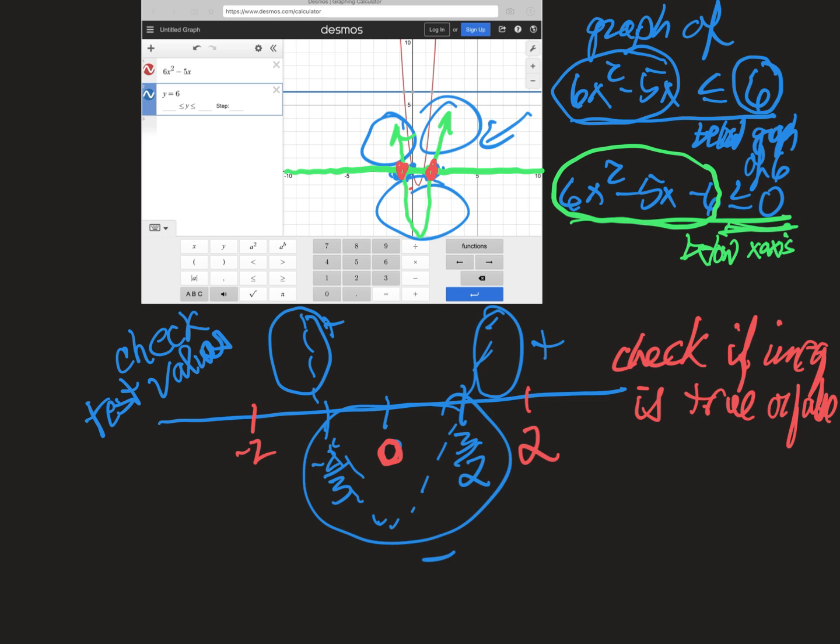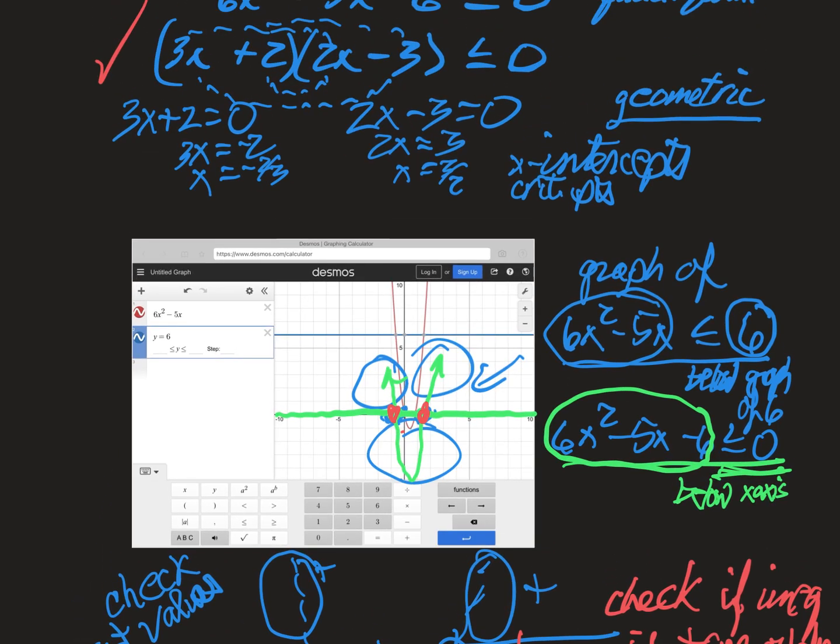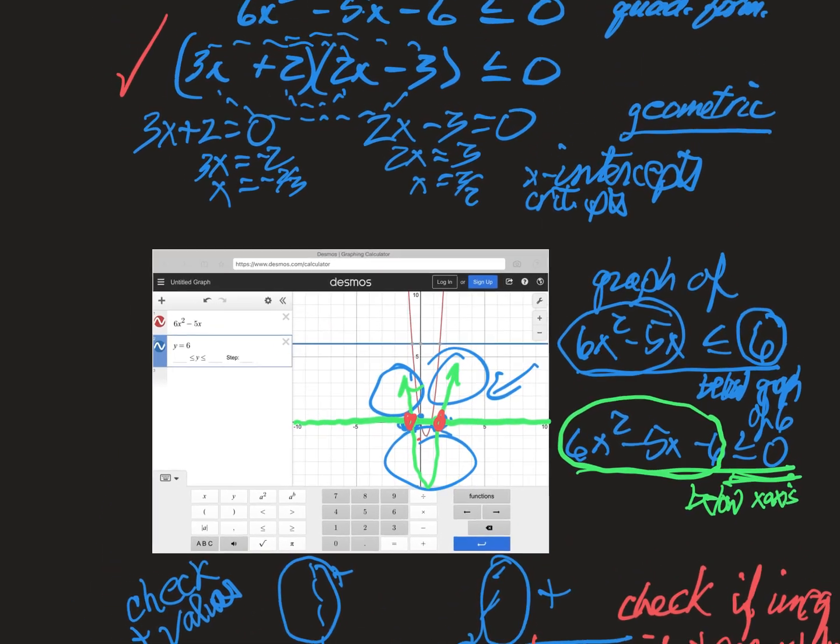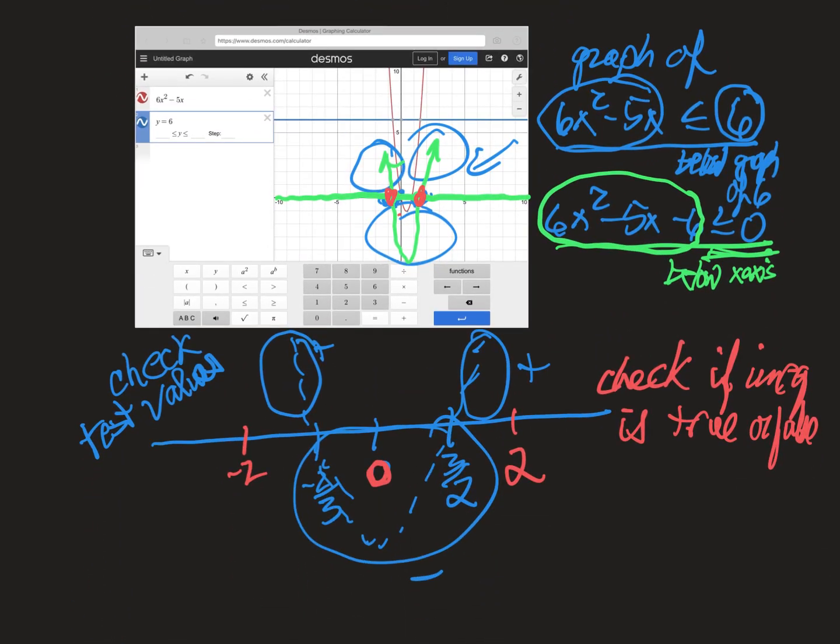So all I do is I take the -2 and I plug it into the factored form of our inequality. So we had 3x plus 2 times 2x minus 3 is less than or equal to 0. So these are my x values, -2, 0, 2.